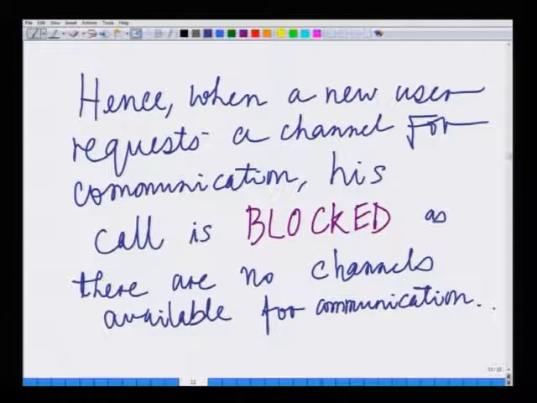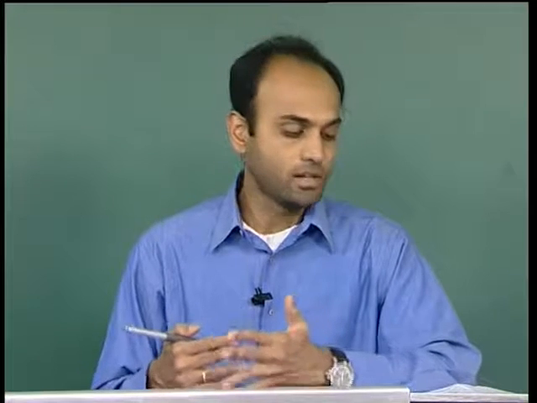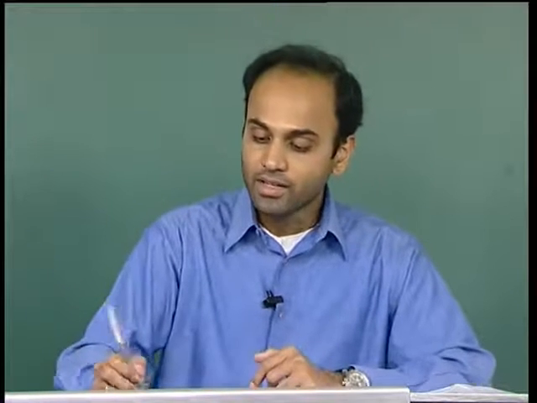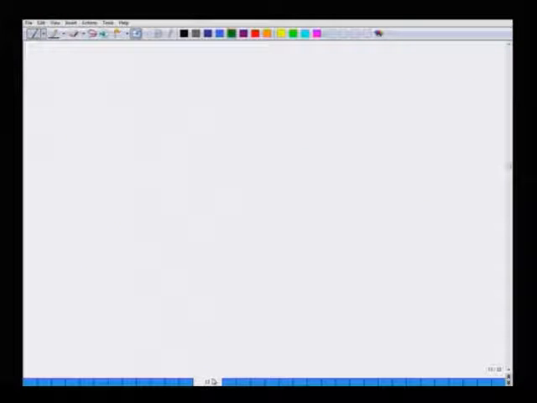So his call is blocked in the event that all the available channels are occupied, and this is termed the blocking probability, which is the characteristic feature of any trunking system.